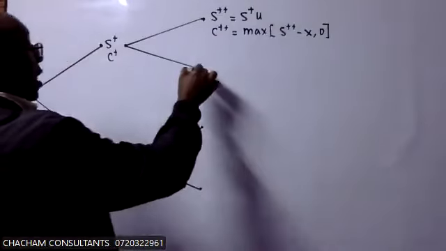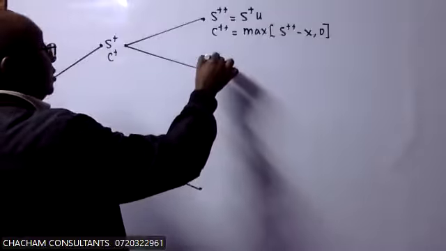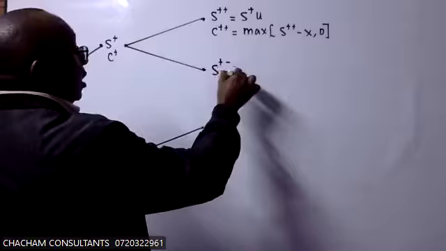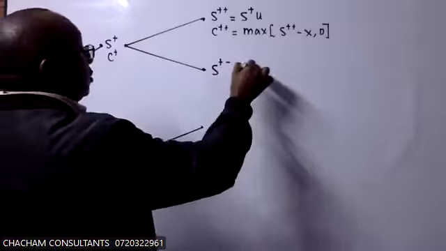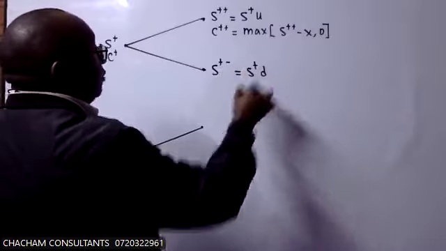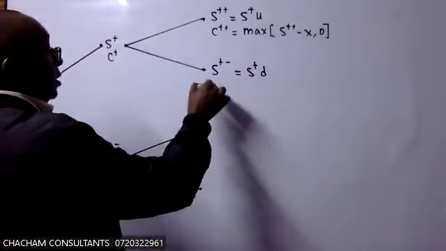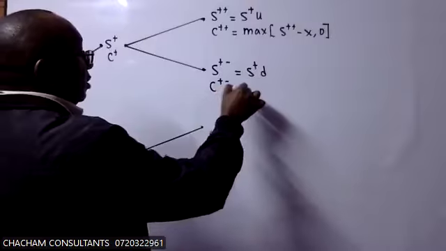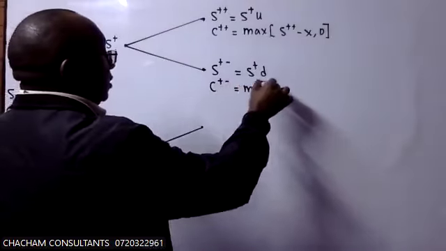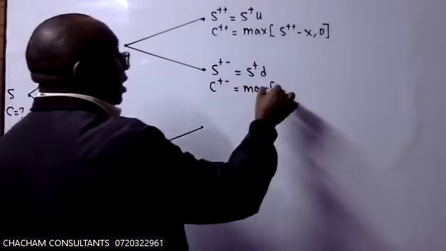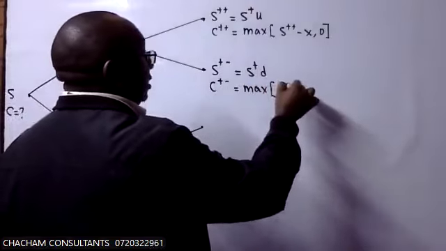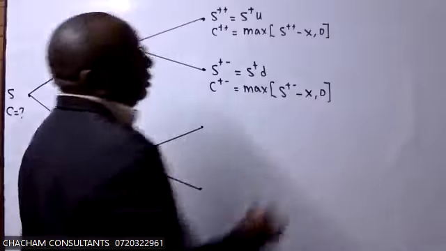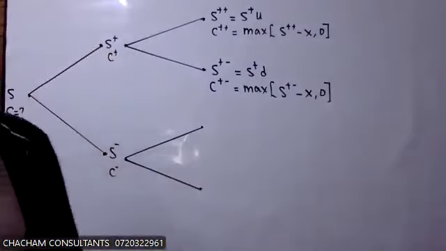Then here now it will be S plus, then down. And this will be the S plus multiplied by the down factor. So our C plus negative will be the max of the S plus negative minus X. That way.